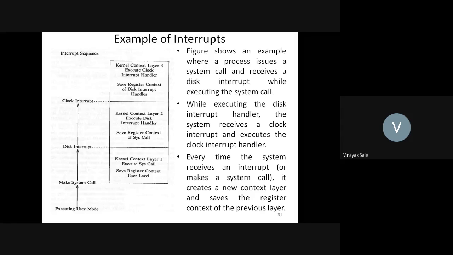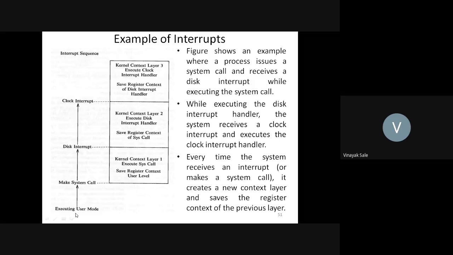This figure shows an example of an interrupt where the process issues a system call and receives a disk interrupt while executing the system call. In this figure, there are different types of interrupts such as clock interrupt, disk interrupt, and system call interrupt.